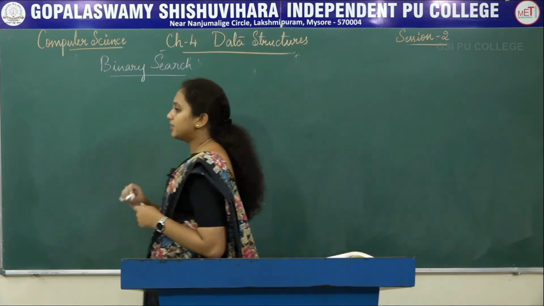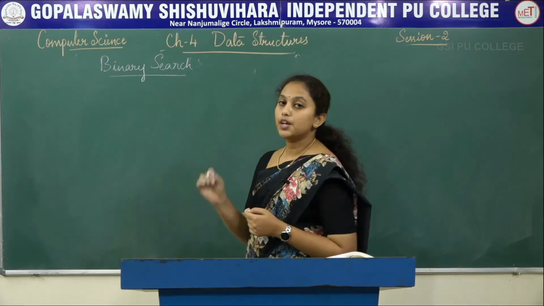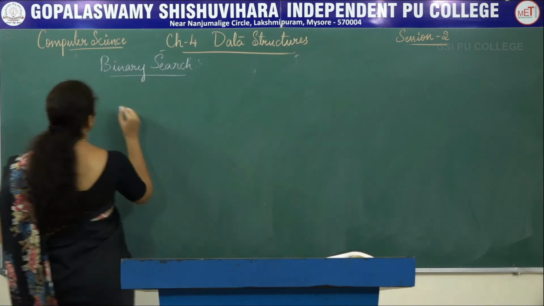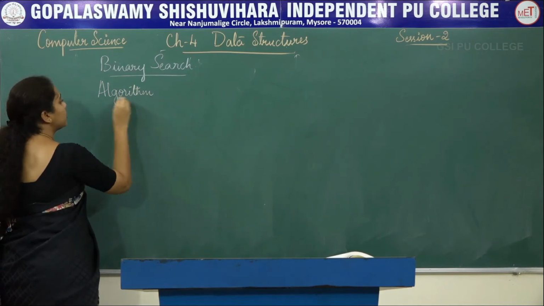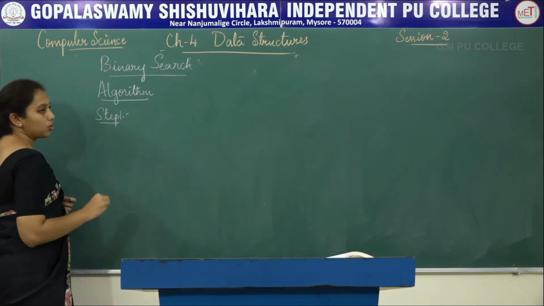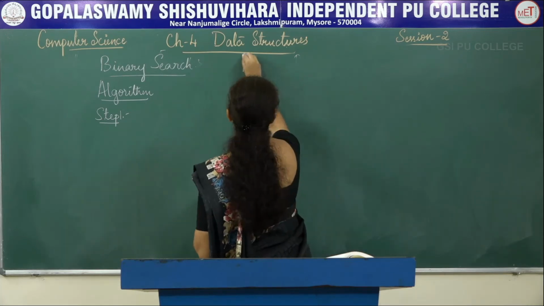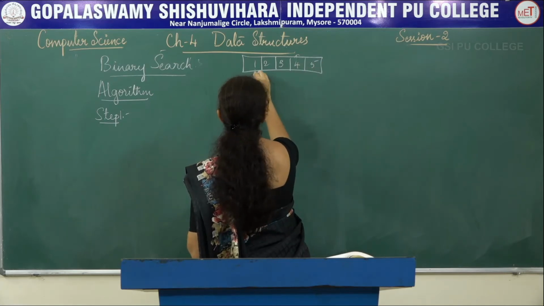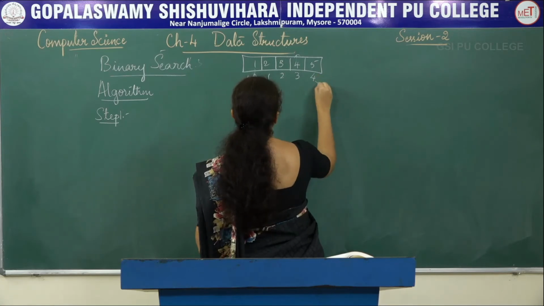While performing binary search, what is the first step? The first step is to note down the first and last position of an array. There is an algorithm for this binary search. For example, this is our lower bound and this is our upper bound.